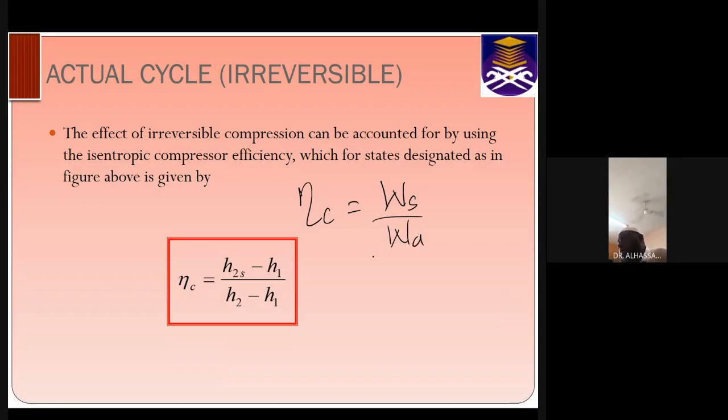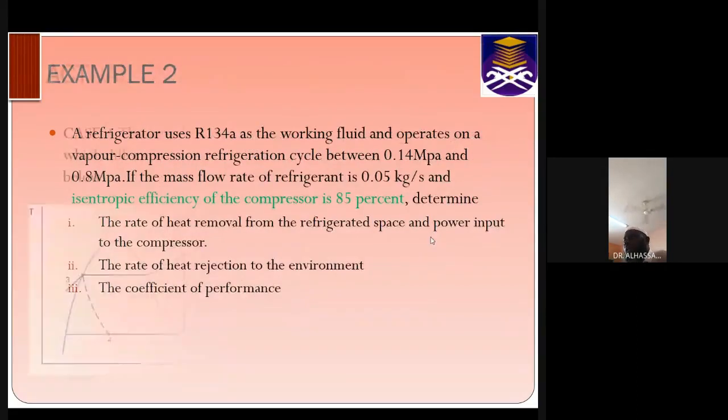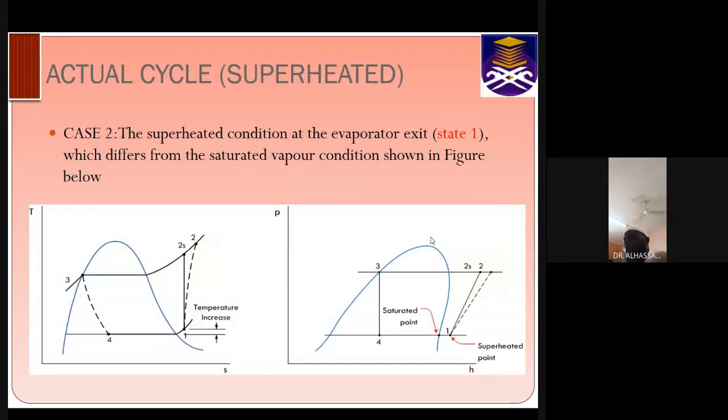WS is equal to the change in enthalpy up to state 2s, that is H2s minus H1, divided by H2 minus H1. This is very, very important. In your thermal engineering, any questions will often revolve around the isentropic efficiency of a system. Again, we'll come to these questions later on.